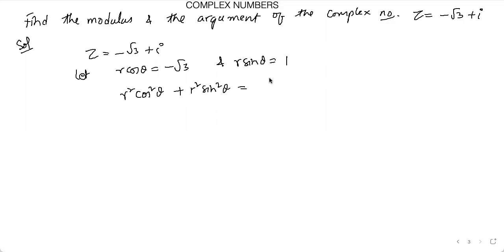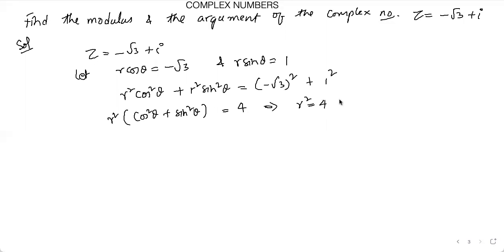Take r square common: cos square theta plus sin square theta. When you add, you'll get 4, and since cos square theta plus sin square theta is 1, r square is 4, or r is equal to 2.